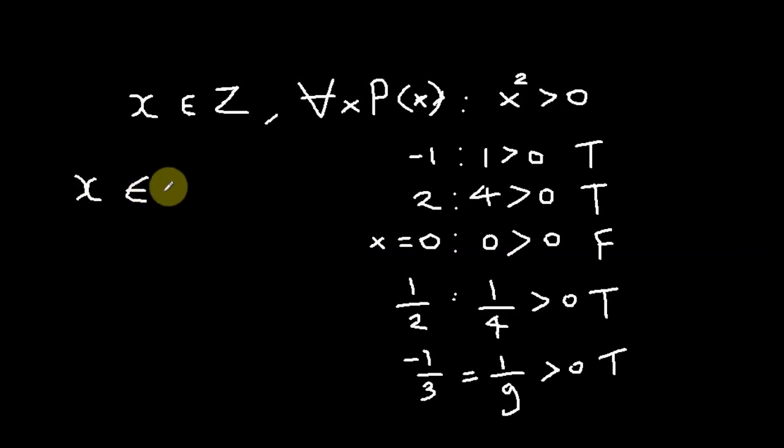So the domain works for all real numbers, okay, except 0. So how can I write this universal quantification?